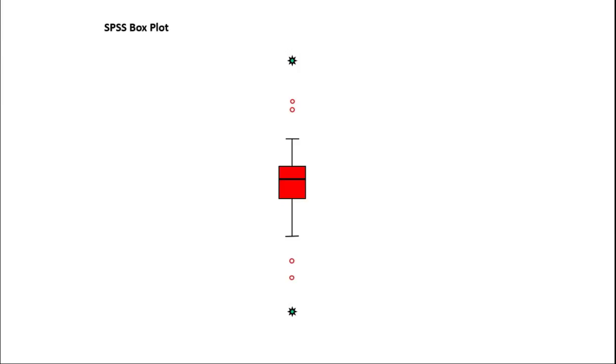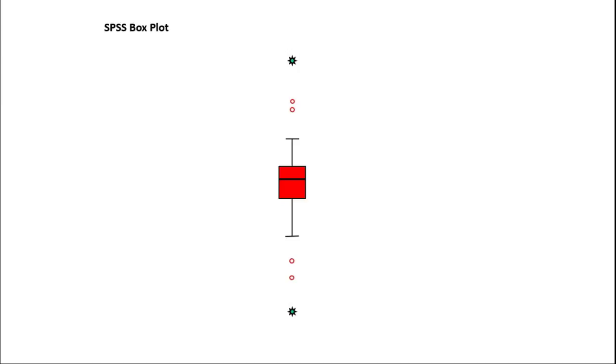If we had an attribute variable, say gender, I'd have a box for female and a box for male. I may have them all together, so this might be gender all piled in together, and this might be, let's say, salary, monthly salaries or annual incomes.